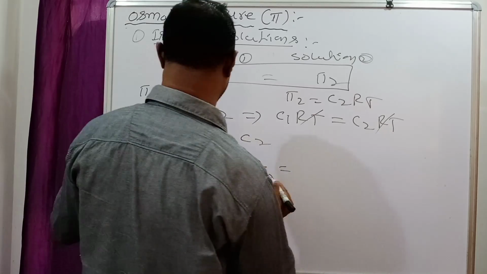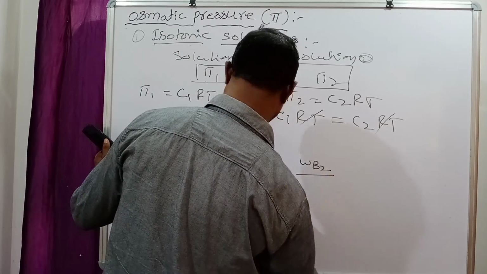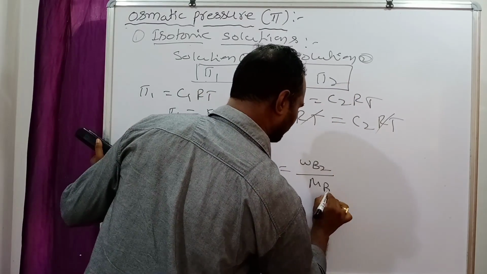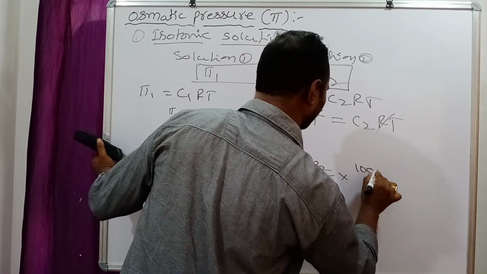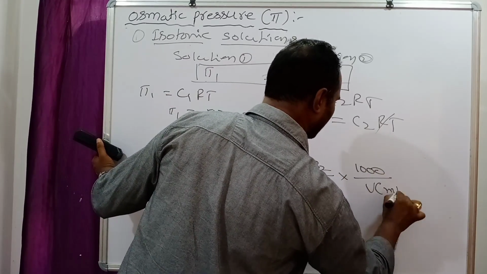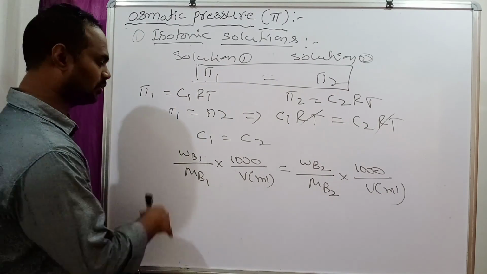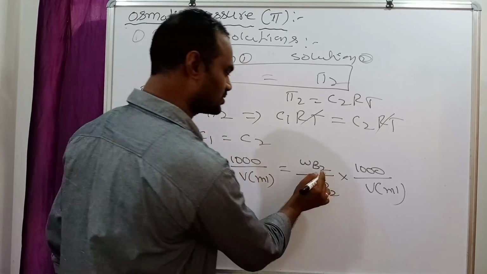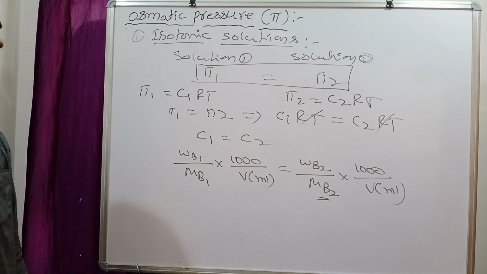This equals the mass of solute 2 in the second solution divided by the molar mass of solute 2, into 1000 by volume of solution in milliliter. Based on this formula, suppose for one solution the molar mass is known, and for the second you only know the mass, you don't know the molar mass of the other solute.